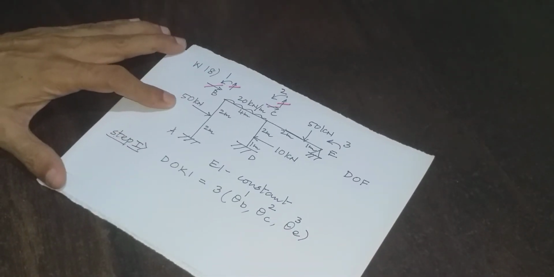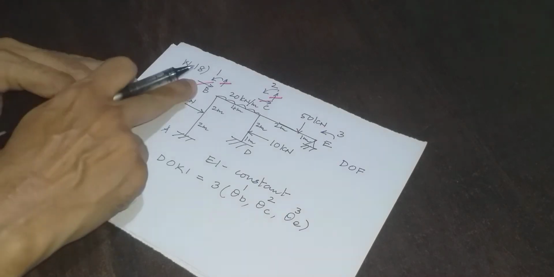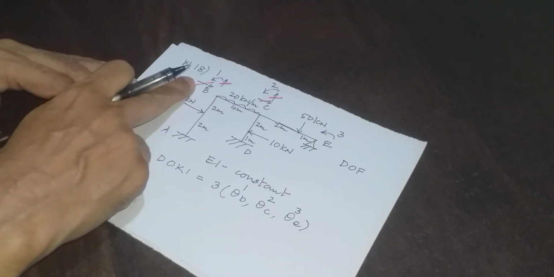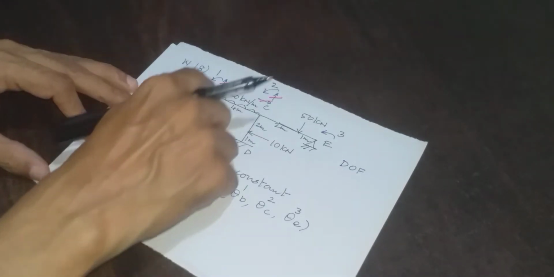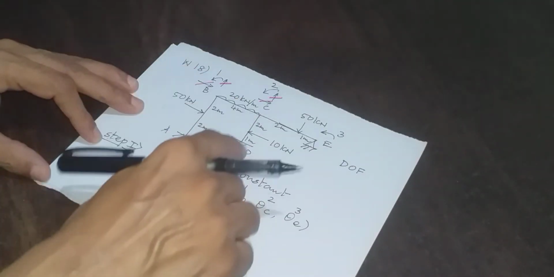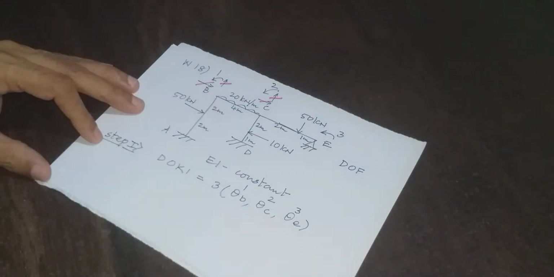So if we neglect the axial deformation, we get degree of kinematic indeterminacy equal to 3, because the axial deformation of BC is not possible, so this is cancelled. Axial deformation of AB is not possible, so this is cancelled. Axial deformation of CD is not possible, that's why this degree of freedom is cancelled.